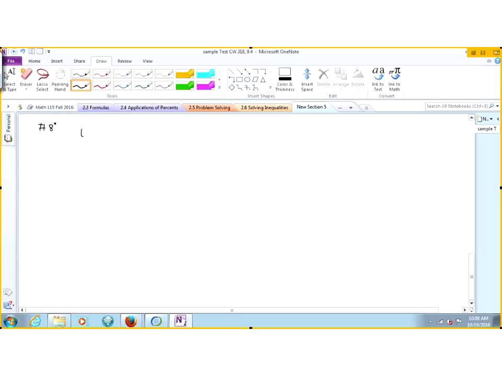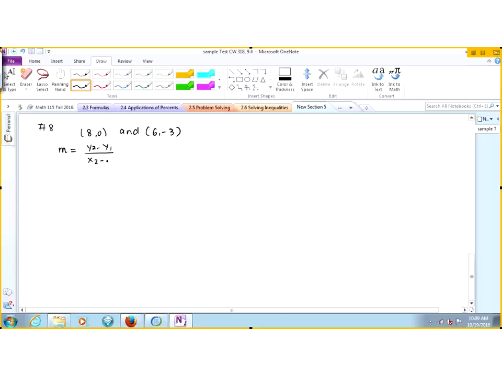So number 8, we want to find the equation of line that passes through 8, 0, and 6, -3. I want to find the equation of the line. Okay, so next time, Laura, please pay attention. So what should we do here? Find the slope first? Okay, so how do we find the slope?